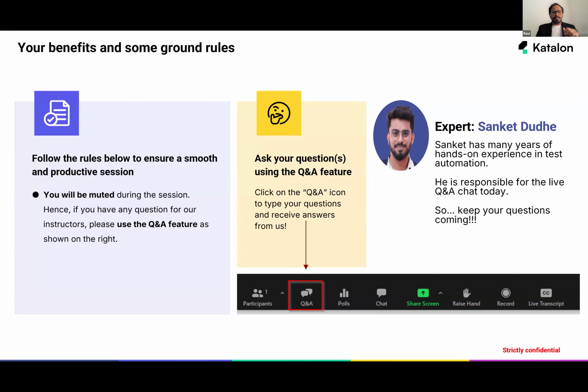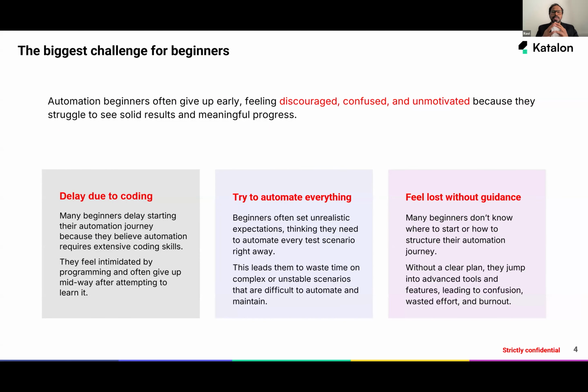Okay, and then the first agenda. What is the biggest challenge for beginners who would like to come into test automation? Generally, automation beginners often give up so early. Why? Because they don't see solid results or meaningful progress whenever they kickstart their automation journey.